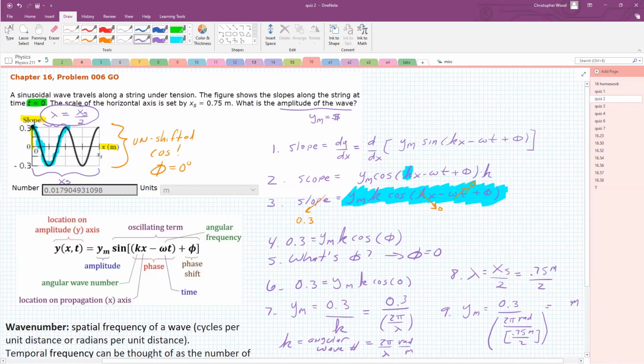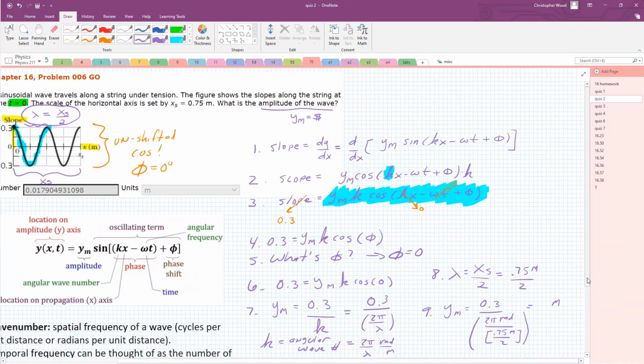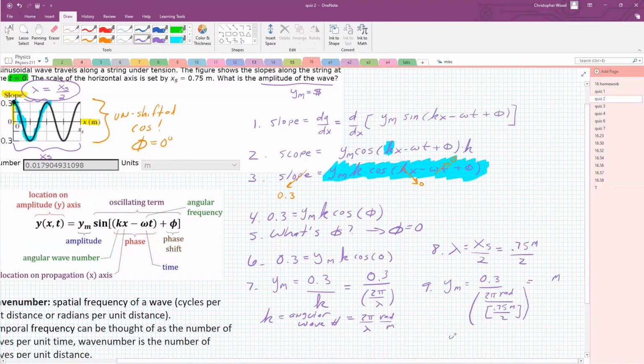So, calculator time. Okay. All right. So that's using some detective work applied to a graph and our knowledge of the wave equation.